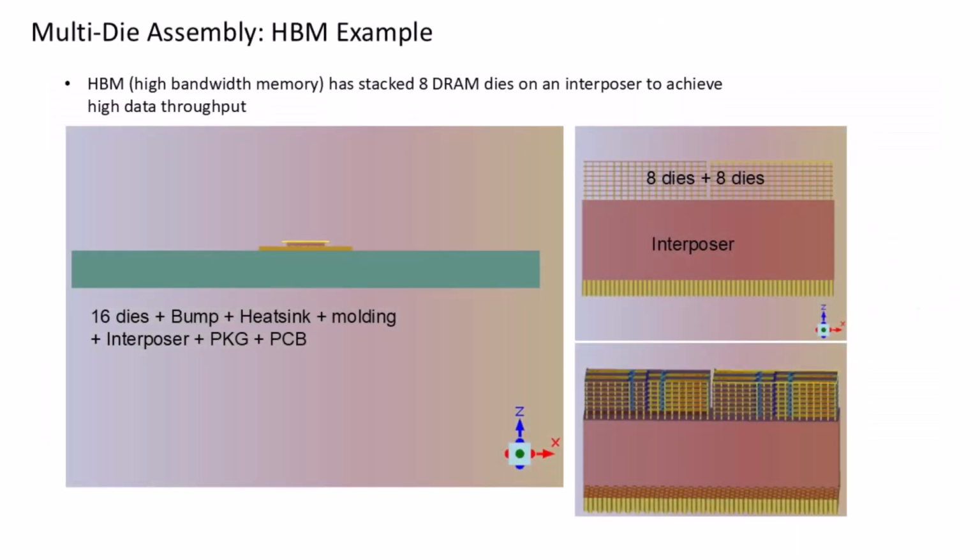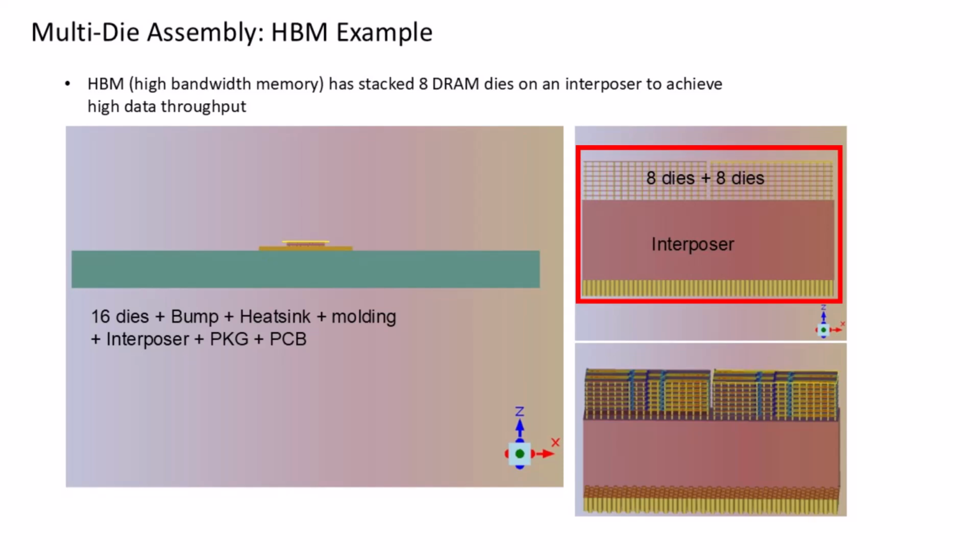To bring together all the ideas we learned from previous courses, let's examine a practical case: a high bandwidth memory, or HBM, system with 8 stacked DRAM dies on an interposer.